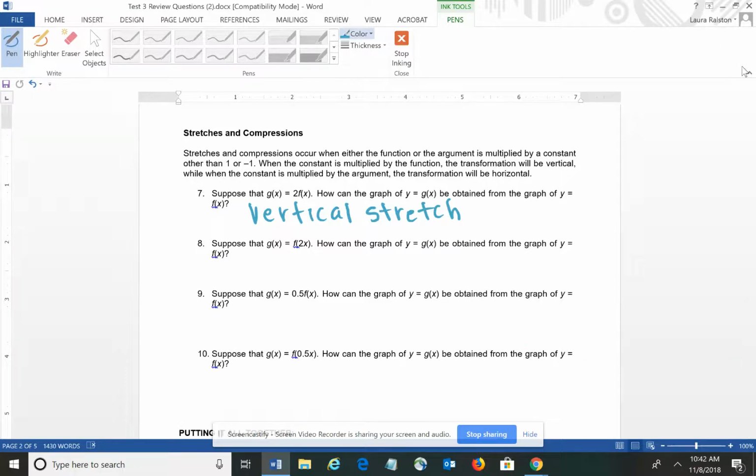In number 8, notice that the 2 is inside with the x. So again, that affects the x, and that is a horizontal.